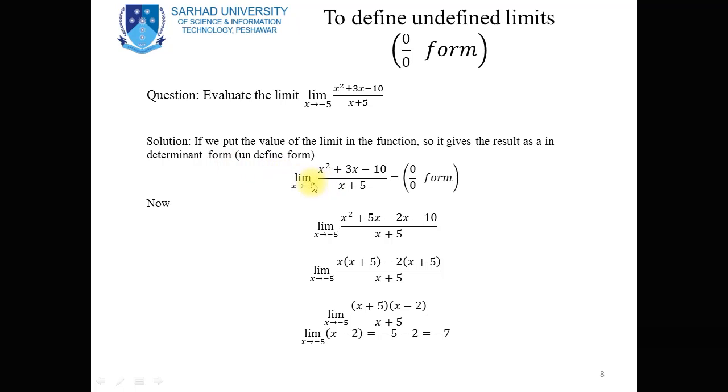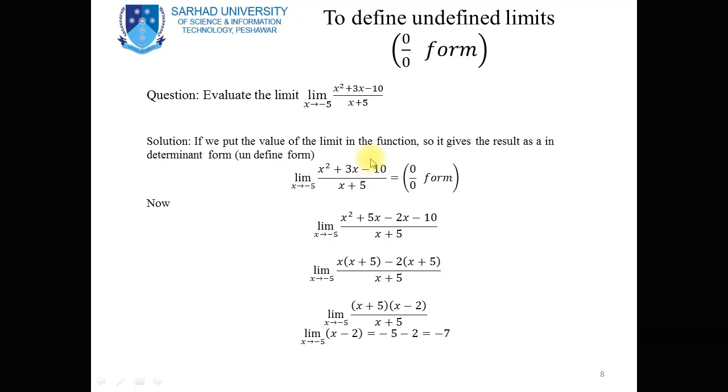If you put x equal to minus 5, square gives 25, plus 3 times minus 5 is minus 15, plus 25 minus 15 minus 10 is equal to 0. And if we put x equal to minus 5 in the denominator, minus 5 plus 5 again is equal to 0. So this is actually the undefined form.